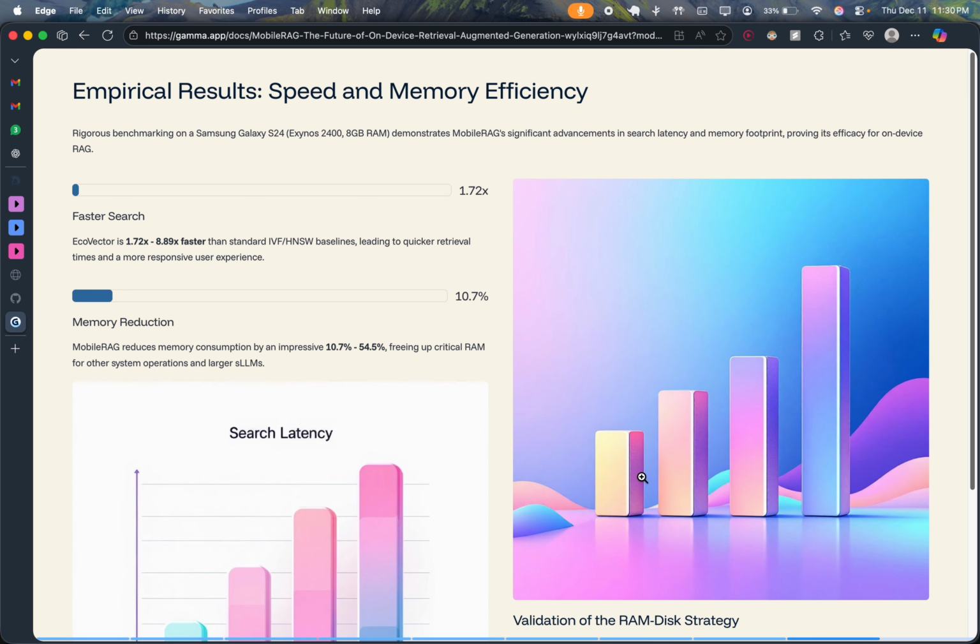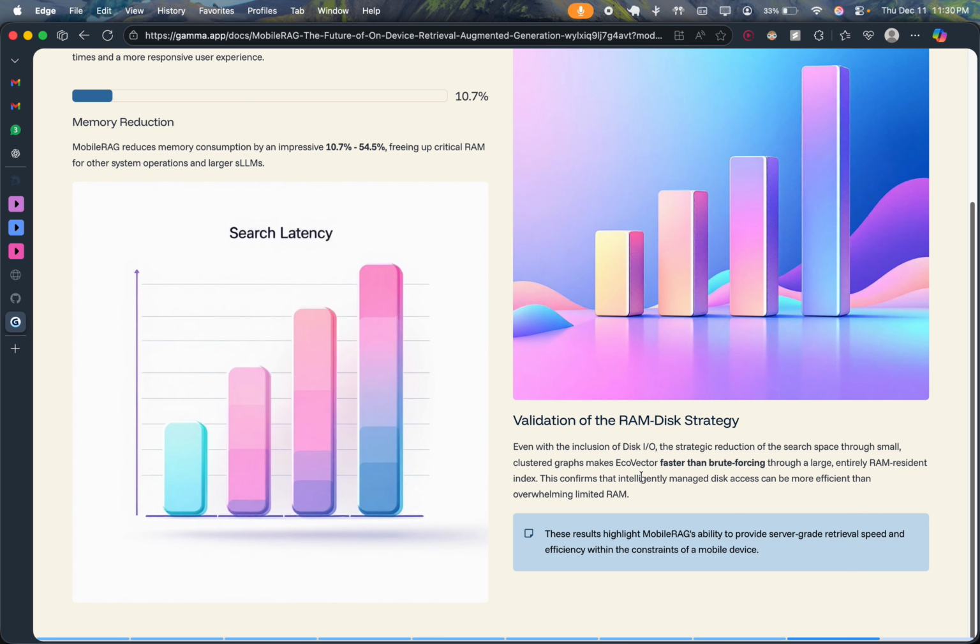Empirical results: speed and memory efficiency. Rigorous benchmarking on a Samsung S24 is shown here. It was 1.72x faster than the traditional way, with a 10.7% reduction in memory, which is pretty good.